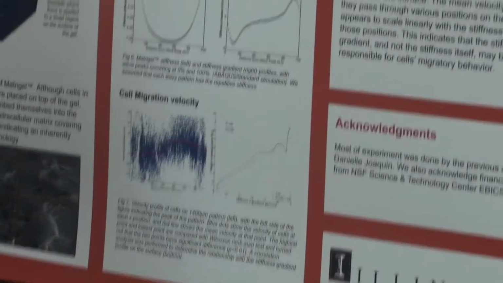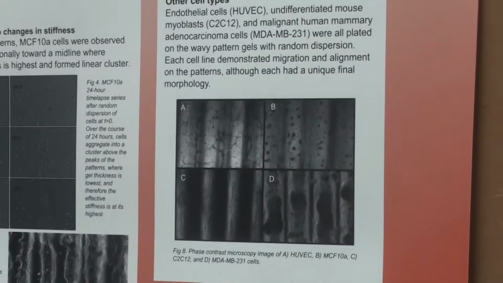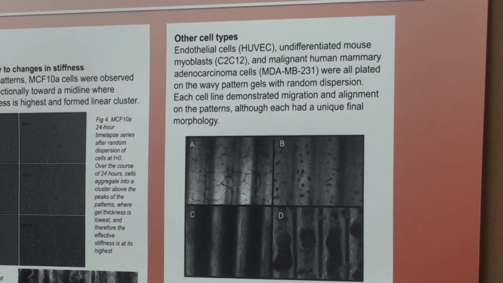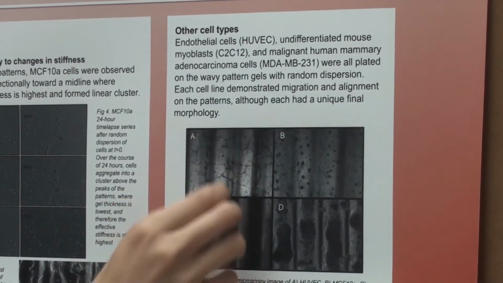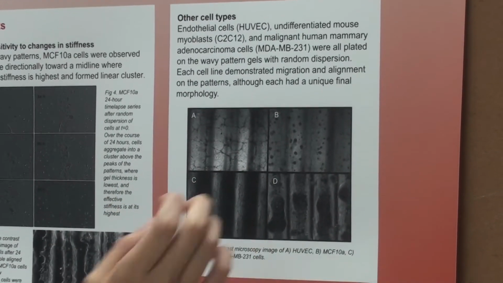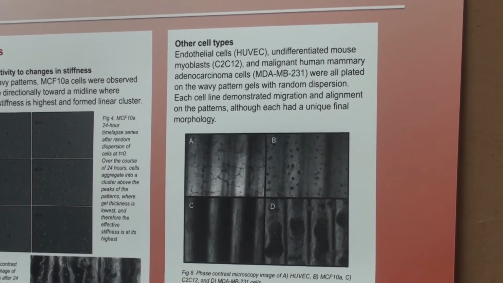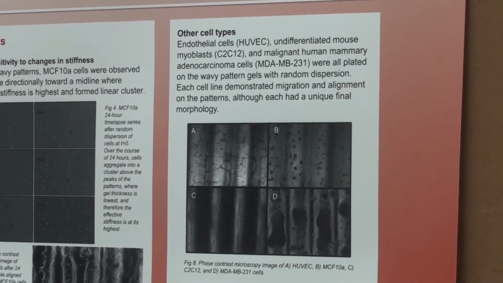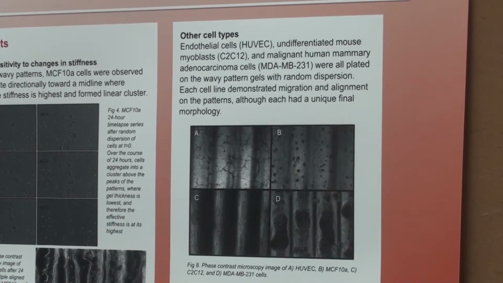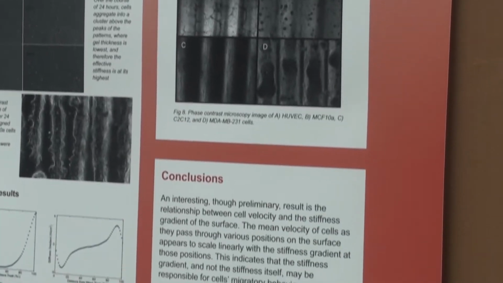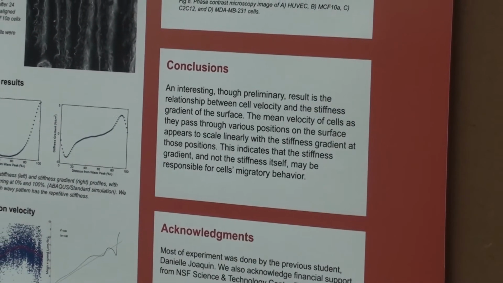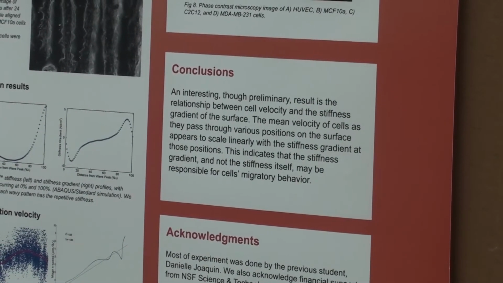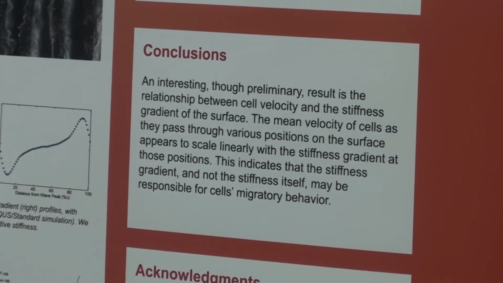We did a similar experiment with other cell types, and even though the morphology is a little different, they show the same tendency. So our conclusion is that cells can actually feel the stiffness gradient, and their velocity is related to it.